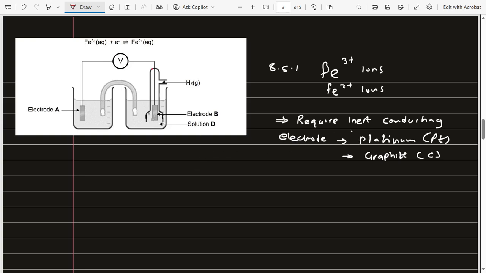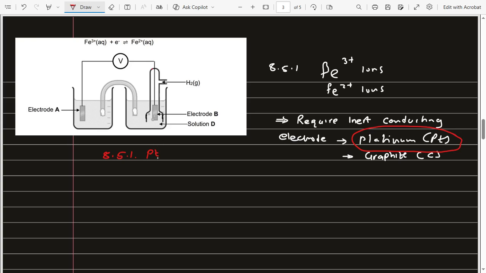So platinum is used. The correct answer is platinum, because this is the standard electrode potential. The answer for 8.5.1 will be platinum.